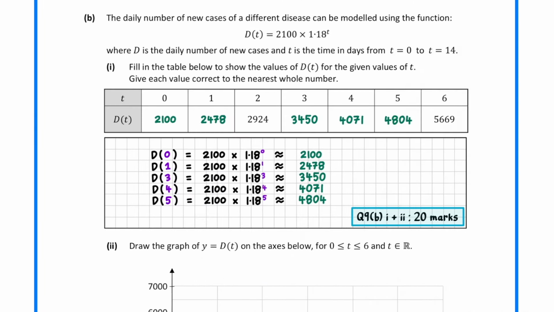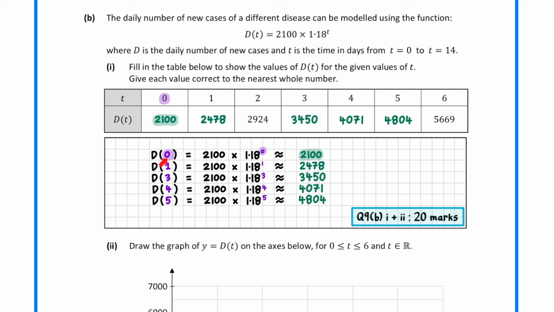In part B, we are given a function, d of t, which models the number of daily new cases for a different disease. In part 1, we must fill in missing values in a function table. This involves subbing in the given t values into the function definition.